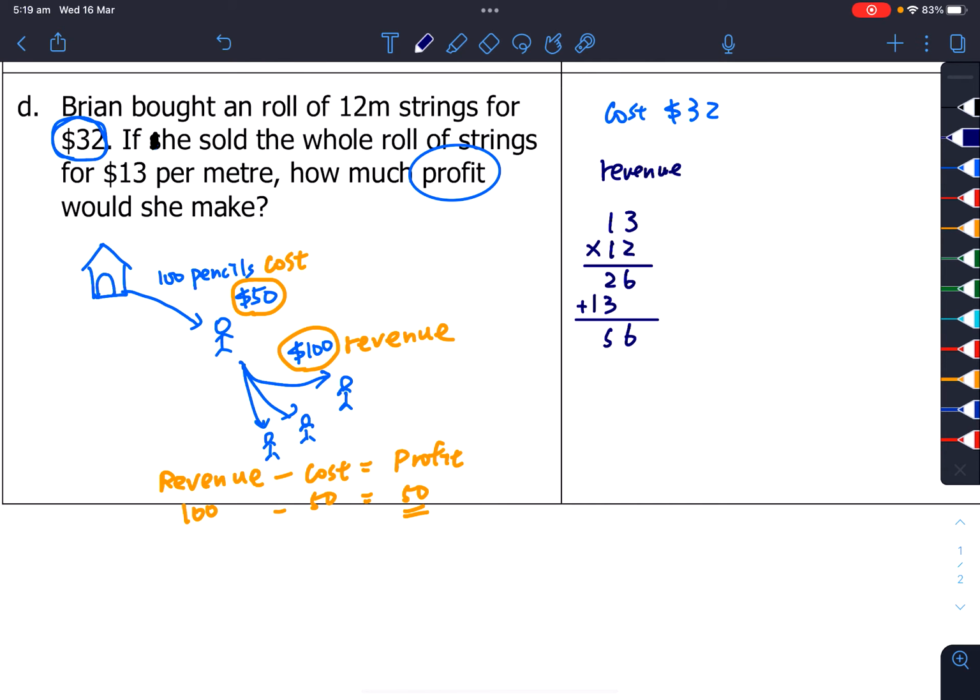So 156. Therefore, the profit will be 156 minus 32. So answer is $124. Wow, here is he make.